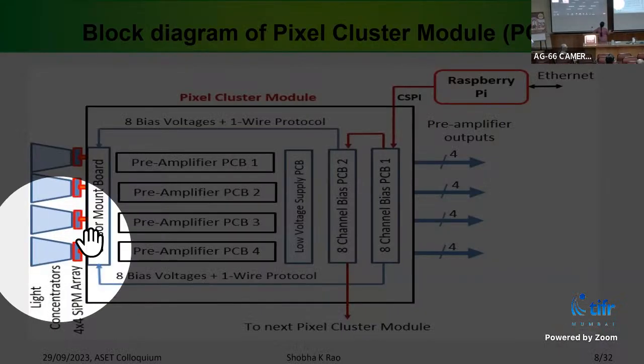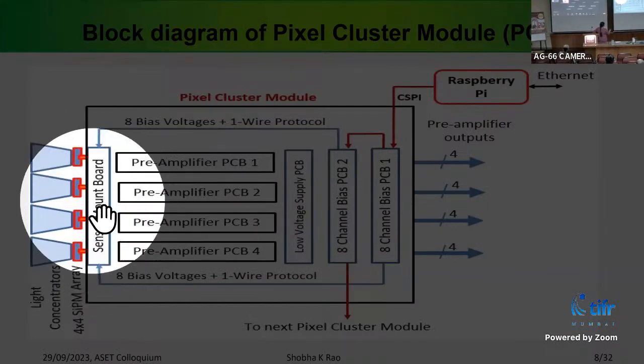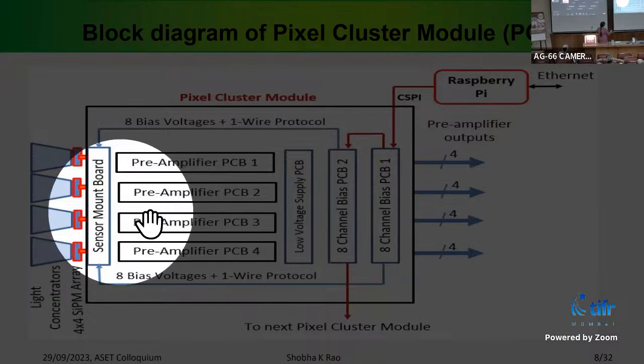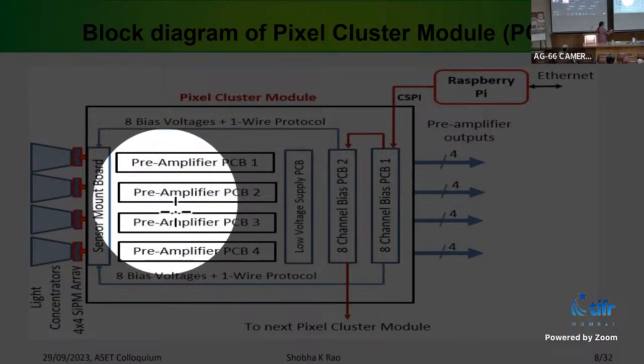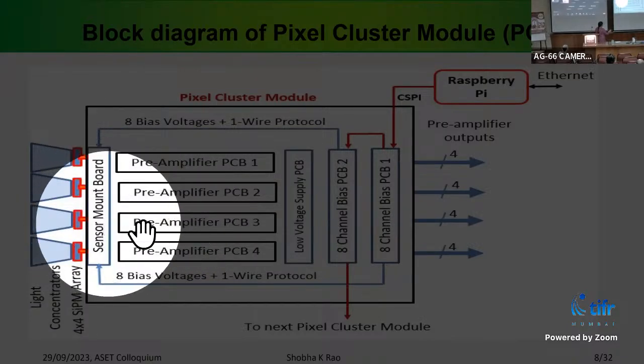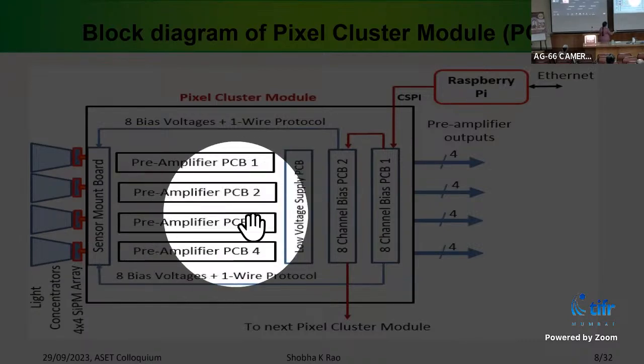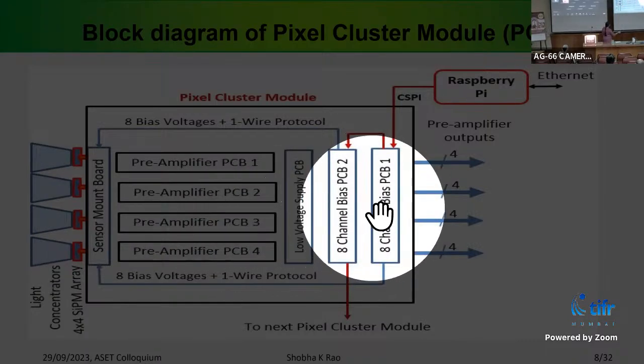Okay, this is the sensor board, and here we have 16 pixel sensors mounted on this. And behind, attached to the sensor board is the preamplifier, which actually processes the current signals of the sensor and provides the output. And here is the biasing system.